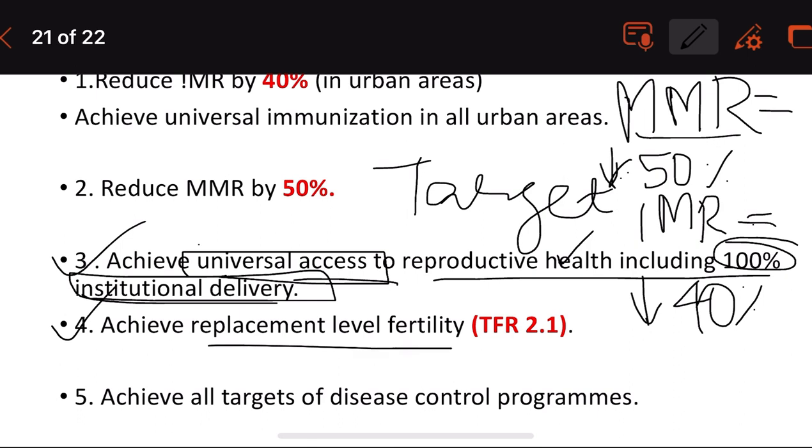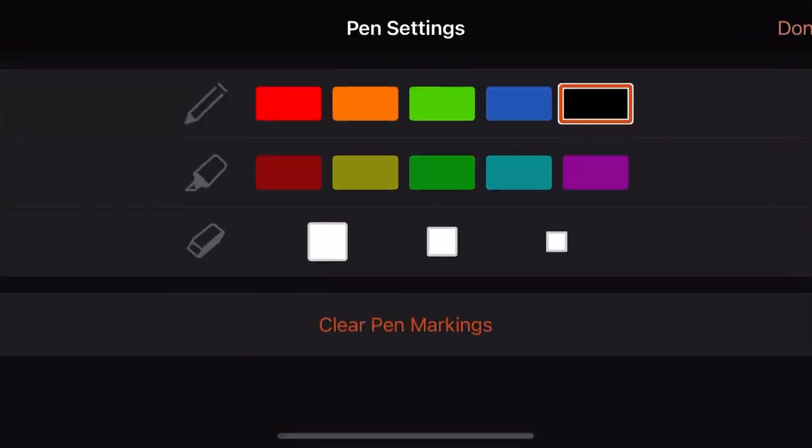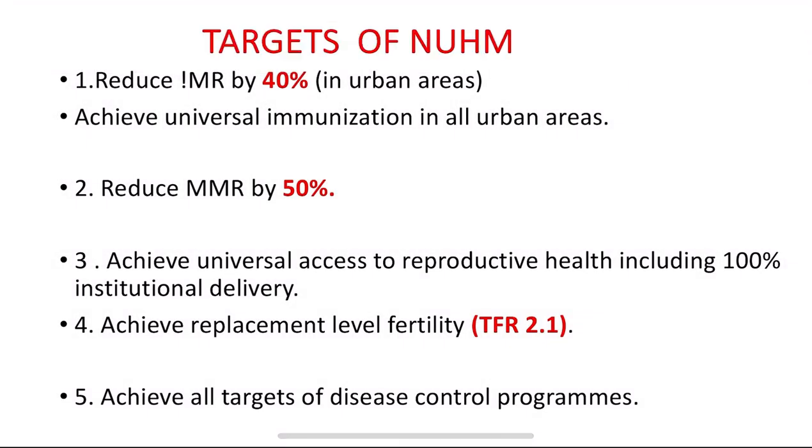To achieve the replacement level fertility, with the total fertility rate at 2.1, and also to achieve all targets of the disease control program, where they want to eradicate or bring down the cases of communicable and non-communicable diseases.